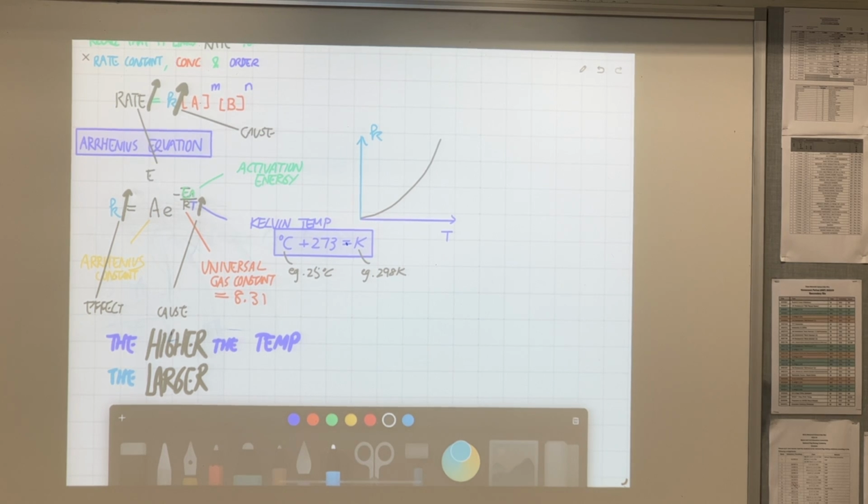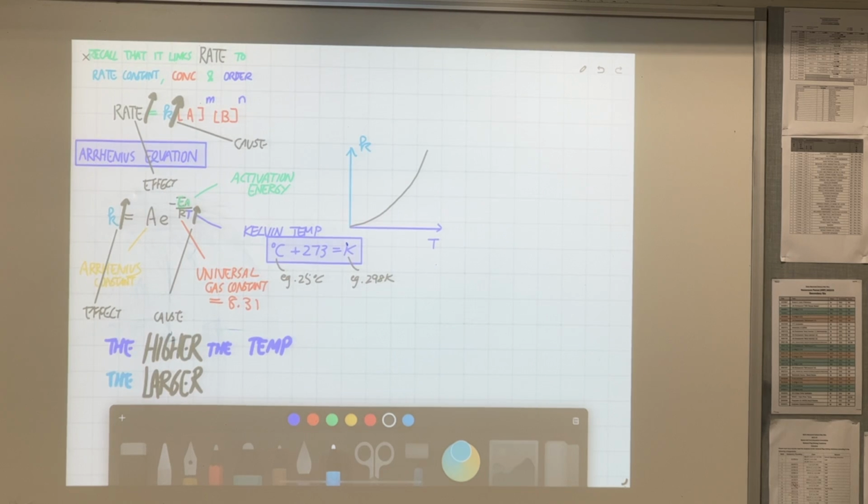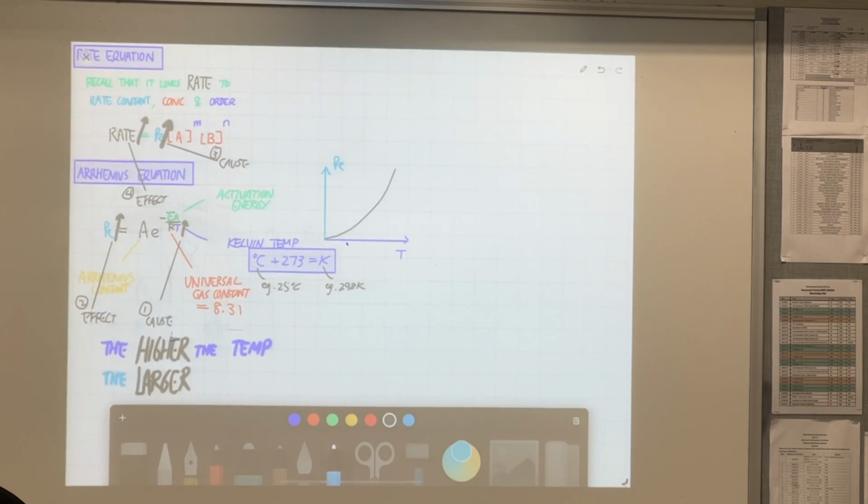When you do revision, maybe put some numbers here so you see the connection. Number one is that you are increasing the temperature, then the effect is that the value of the rate constant will increase. And then point number 3 is that when the rate constant increases, then point number 4, the rate will increase. So you can put down this logical flow on the right.